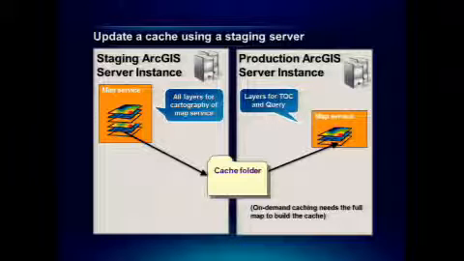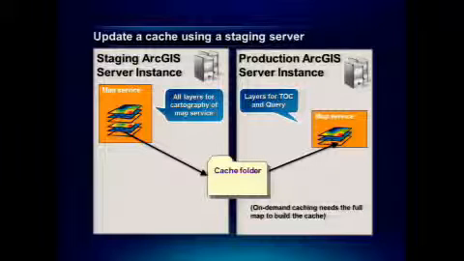If you share your cache directory between those two machines, say using a SAN or some sort of file storage, you can point them both to the same cache directory and be building the cache on the staging server while you're serving the cache from the production server. So it's a similar idea to what we showed you on the last slide with clusters, but it's using two separate servers with a shared cache folder.